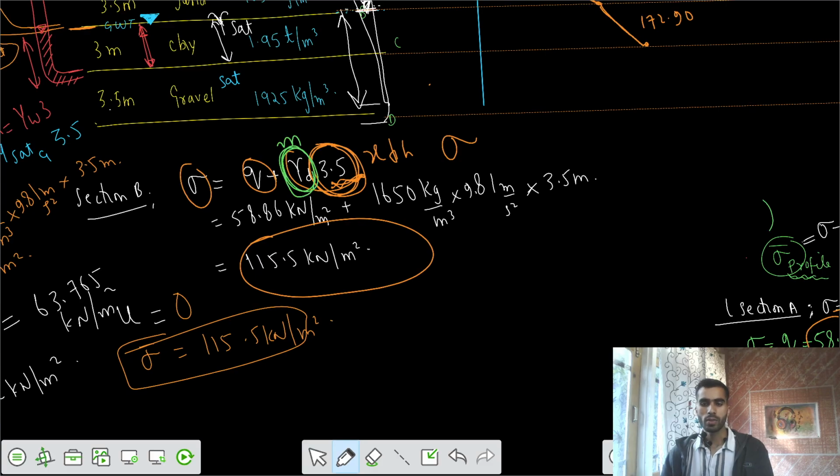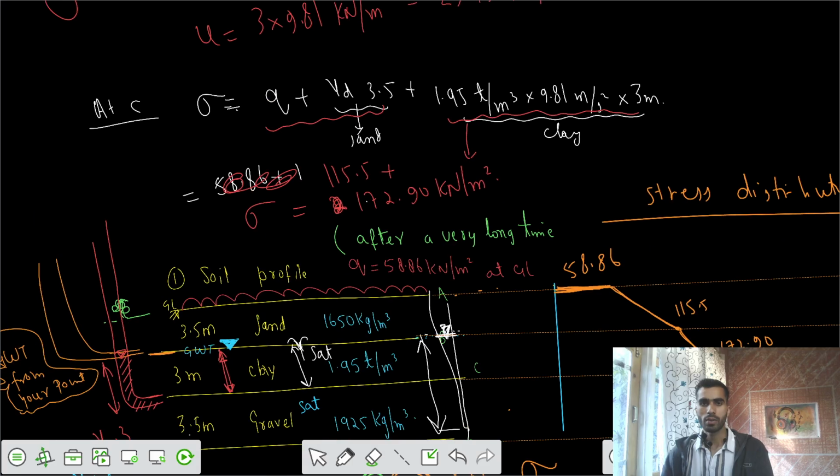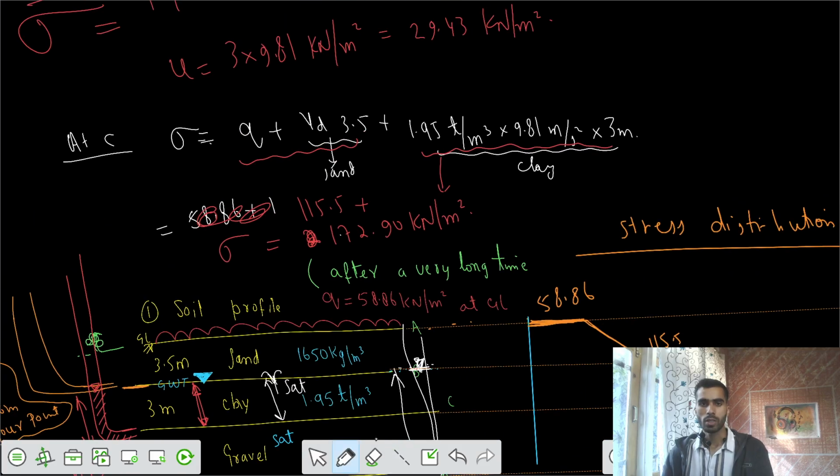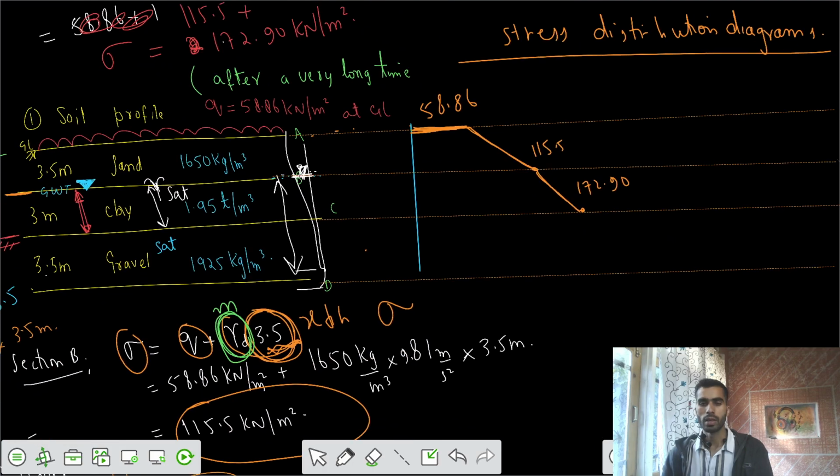In the third case, your gamma sat is there. Up to this part is fixed now, only gamma sat is varying now. Gamma sat is the m here, a different value, and your h is now varying for the clay layer, so m is different compared to gamma dry. So this was having some slope m1, and we're having a different slope m2.